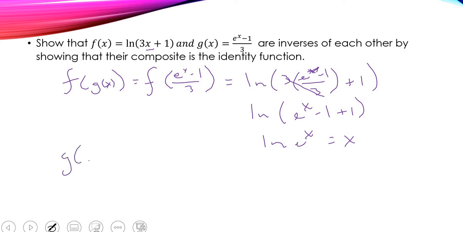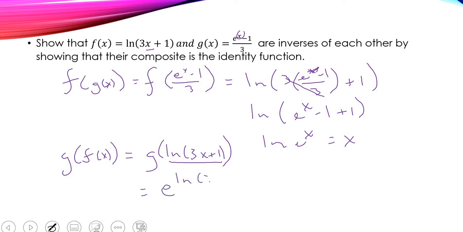If I do it the other way, it should also work. So I'm going to take g of ln of 3x plus 1. That means all of this is going into this little x value up here. So e to the ln 3x plus 1 minus 1 over 3.